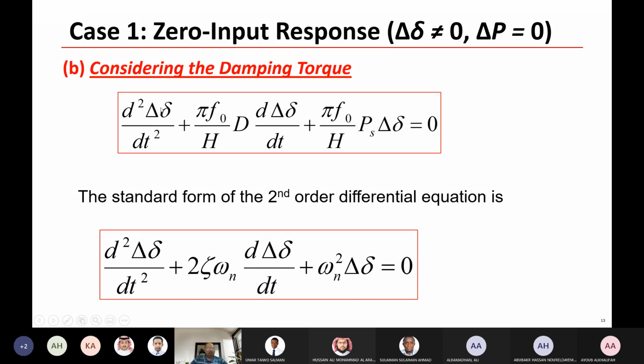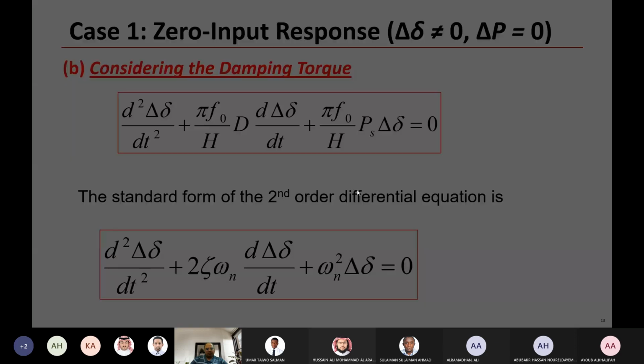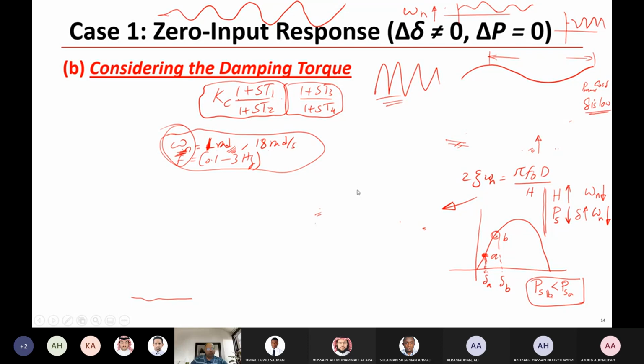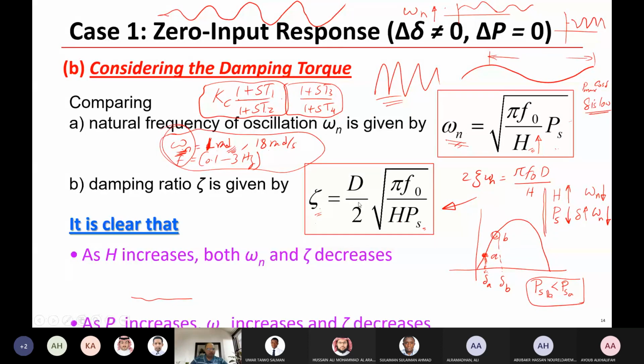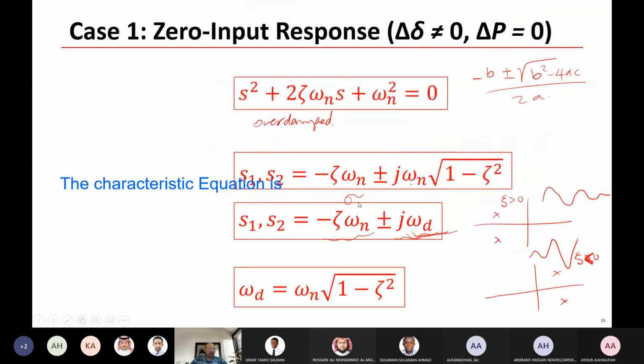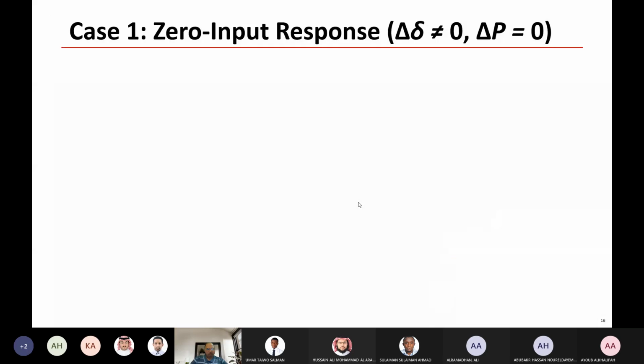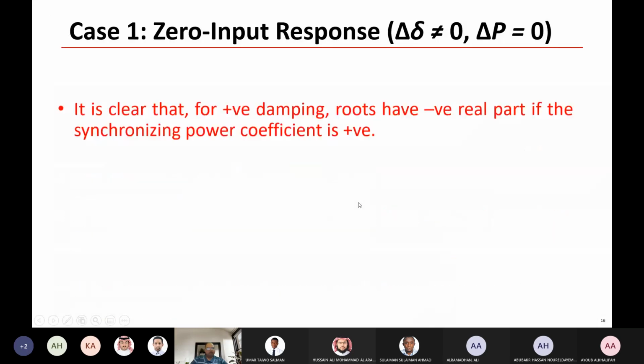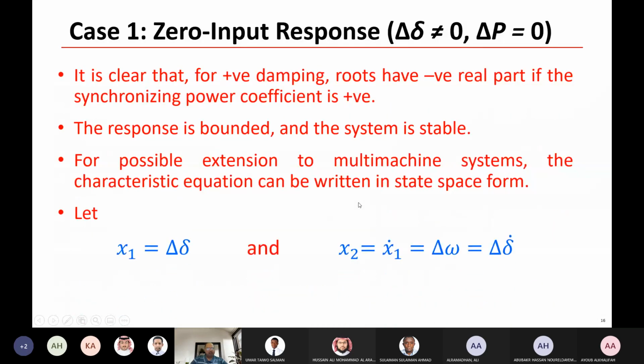You can say this is d omega by dt, and then you have d omega by dt as a function of omega minus omega steady state. When we talked about the swing equation, we already pointed out that we can write the swing equation in two first order differential equations.